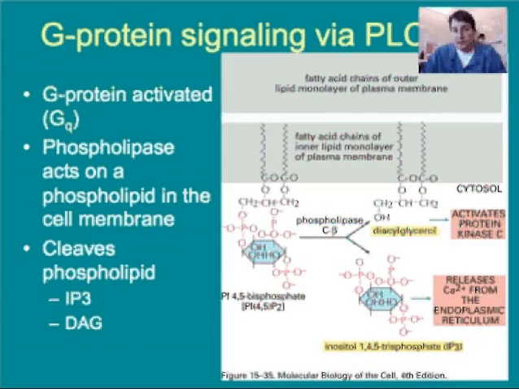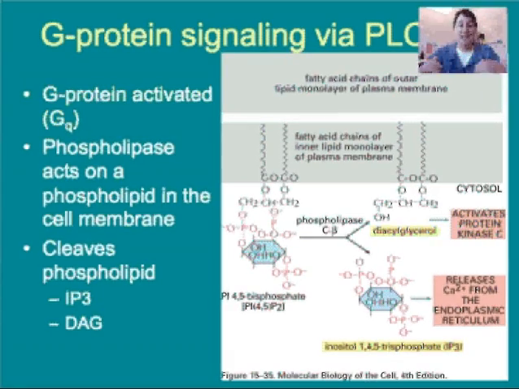Okay, that leads us to the GQ protein. GQ protein gets activated. This is just a different ligand binding to a different G protein that's going to recruit a different alpha subunit. When this alpha subunit gets activated by binding to the 7-pass transmembrane receptor, it is going to cause the activation of phospholipase C. Phospholipase C cleaves PIP2.